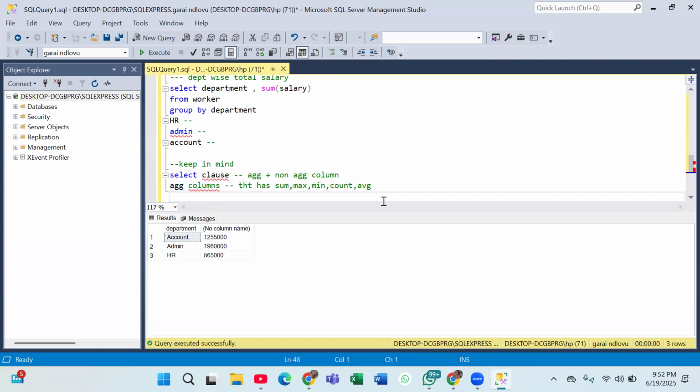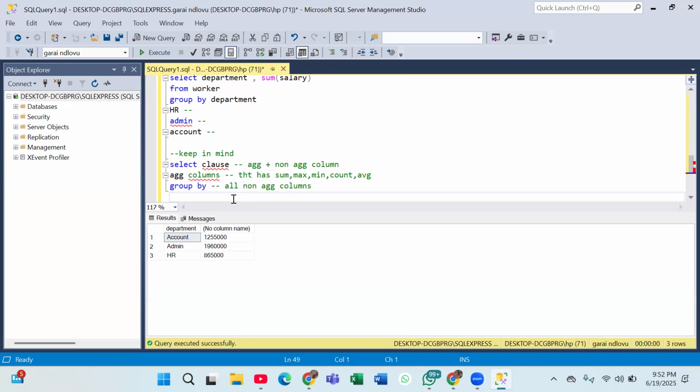Is this clear? So whenever in select clause you have an aggregate column, which is this one, and a non-aggregate column, then group by is compulsory for you. You have to use group by. And what you have to mention in group by? All non-aggregate columns. Is this clear with everyone?